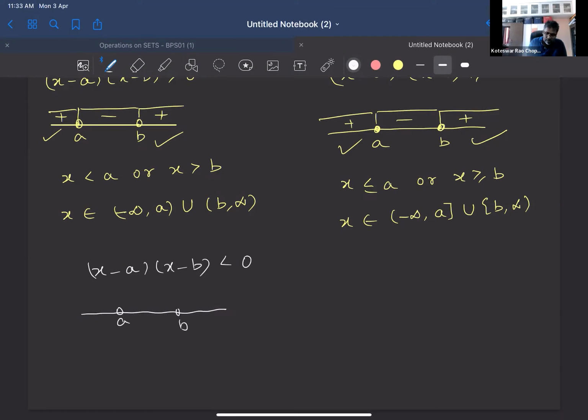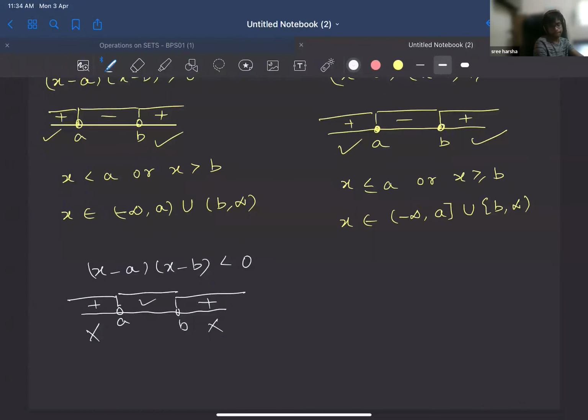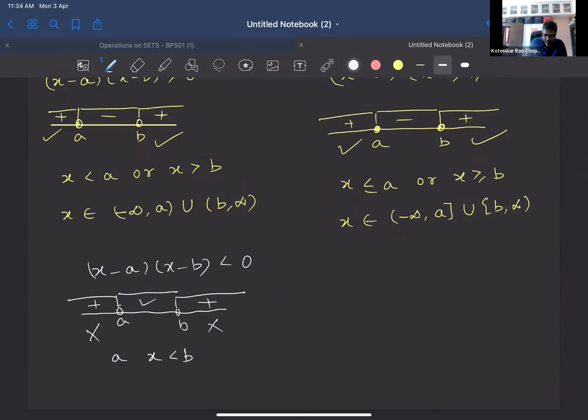If you go beyond B, it is positive, but you don't want that. If you go to the left of A, again it becomes positive, but you don't want that. So your solution is the one in between. Your x has to be between A and B, but A and B are not included. So you show that x belongs to (A, B).